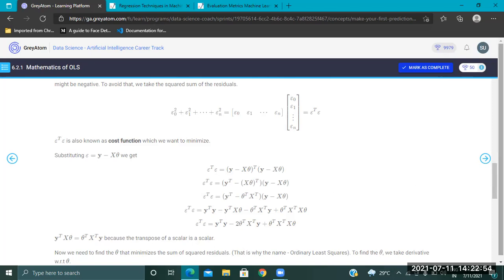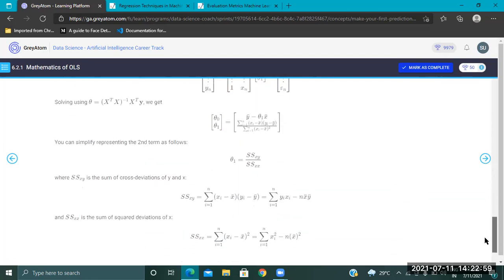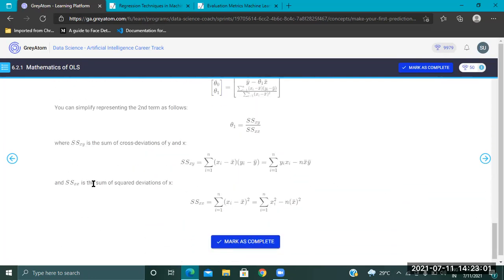To define our linear regression, after the entire process we will get the sum of squared errors. This is the mathematical representation of least square: sigma i equals 1 to n of xi square minus n times x bar whole square.